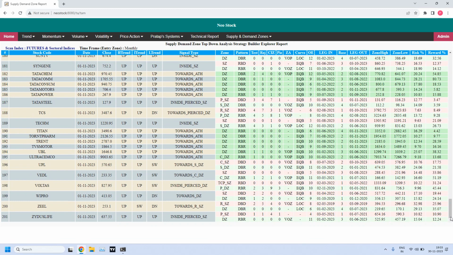So this is the complete list for all the stocks having demand and supply zones. And this is the end of the report for monthly time frame.